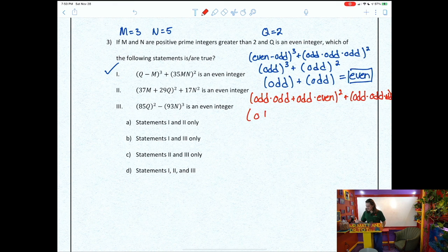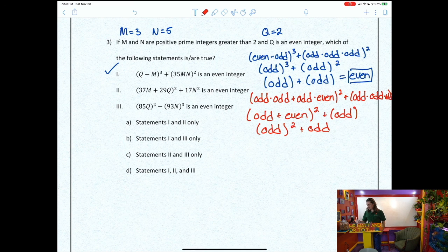An odd times an even is going to be even. An odd times an odd times an odd will still remain odd. An odd plus an even is going to be odd. So this is going to be an odd squared plus an odd. An odd squared is still going to be odd, but an odd plus an odd will turn even. So statement number 2 is true.